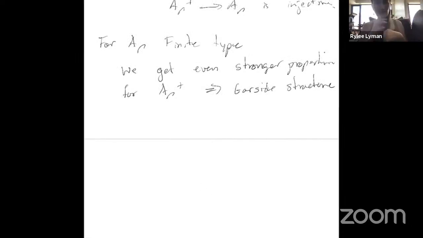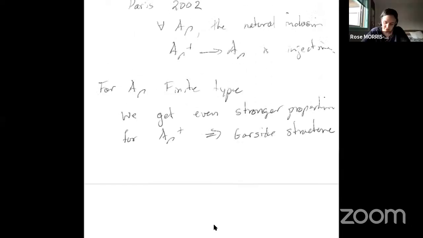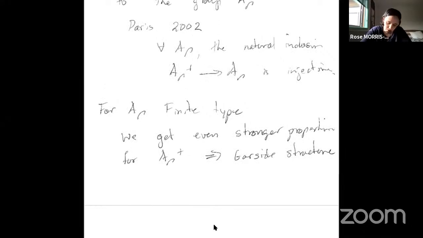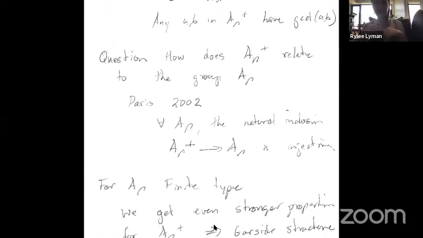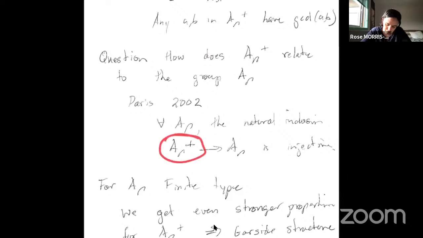Yes, go for it. There's a question in the chat. Does the embedding of the monoid into the Artin group make the Artin group ordered? So first of all, this is a partial order, right? This prefix order gives us an order on the monoid elements inside the group, but not necessarily on the group elements.